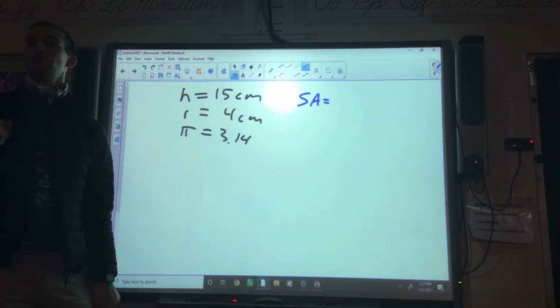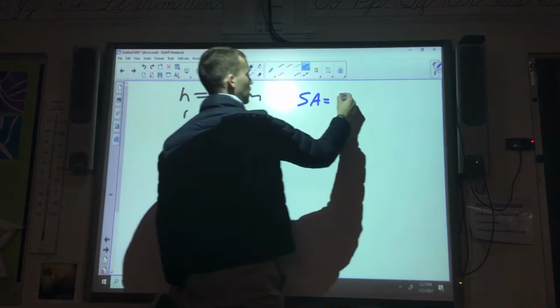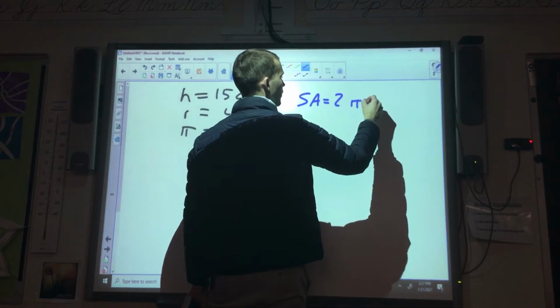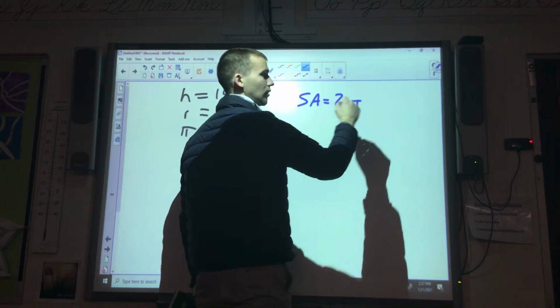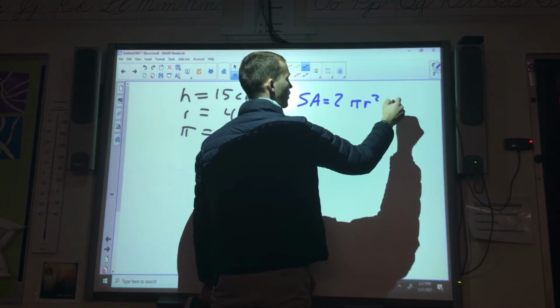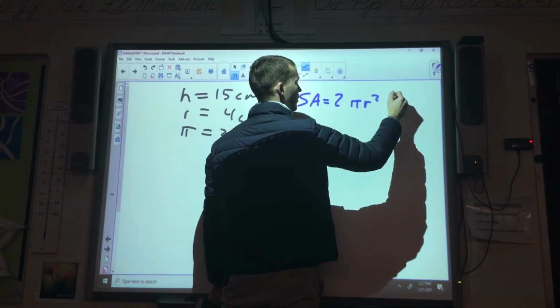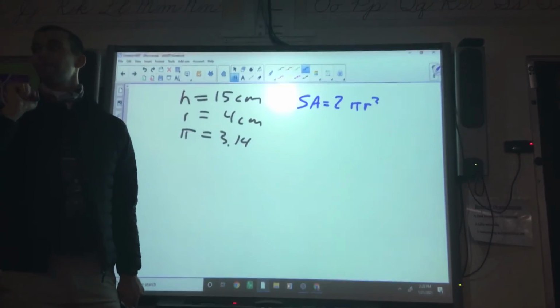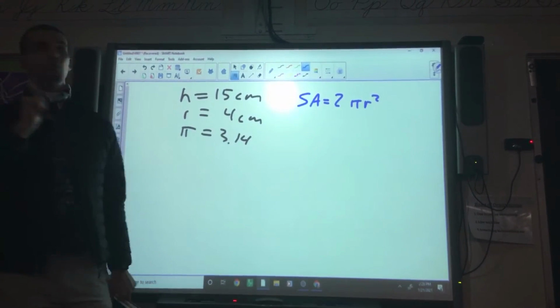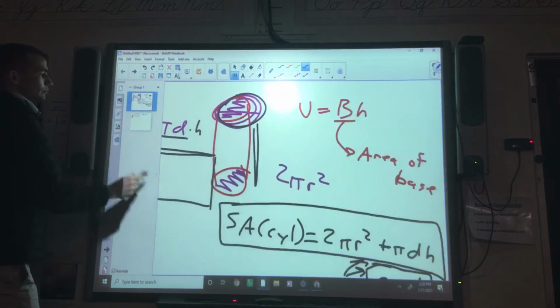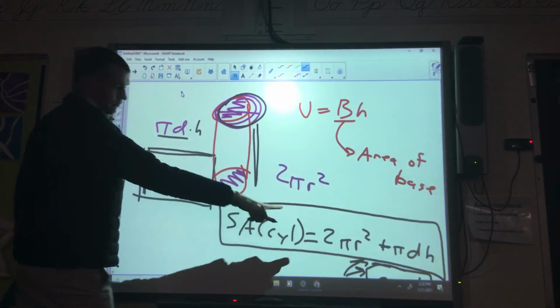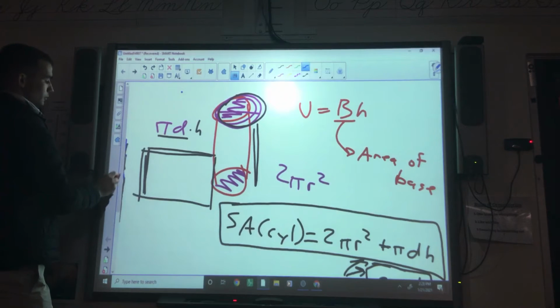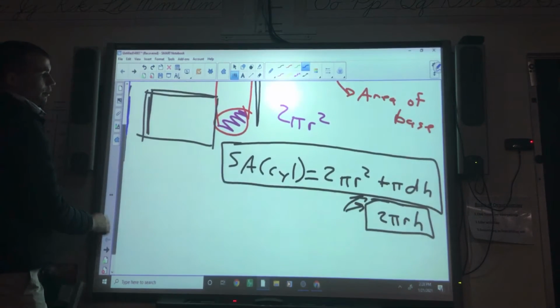Surface area for a cylinder. 2 times pi r squared, plus pi rh.